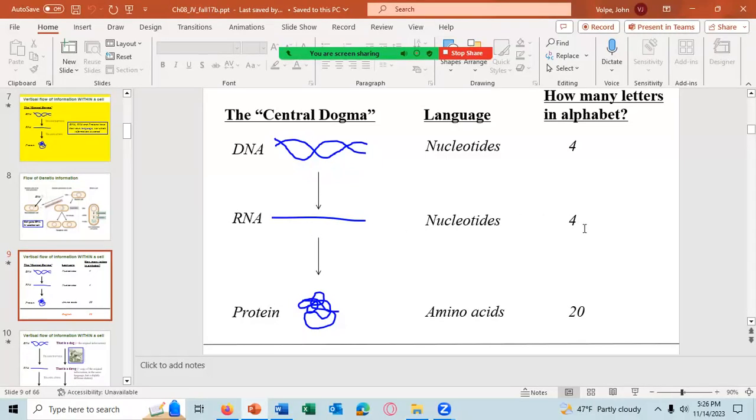So there are 4 letters in the alphabet of RNA. Now, when the information moves to the protein, the information is stored in the language of amino acids. And there are 20 different letters in the protein, meaning there's 20 different amino acids. For comparison with English, we have 26 letters in our alphabet. Any question about any of that?